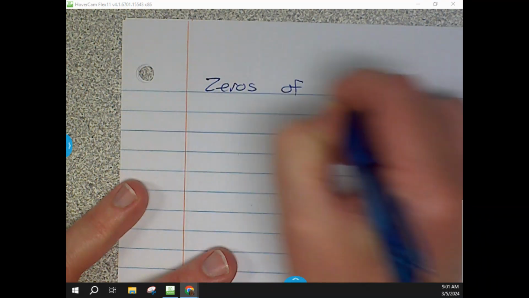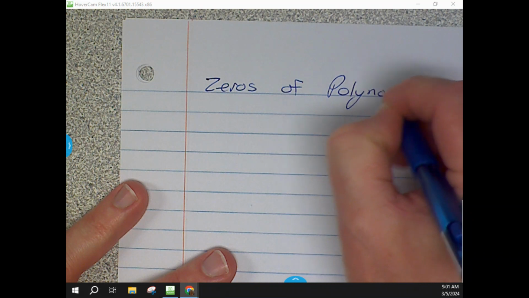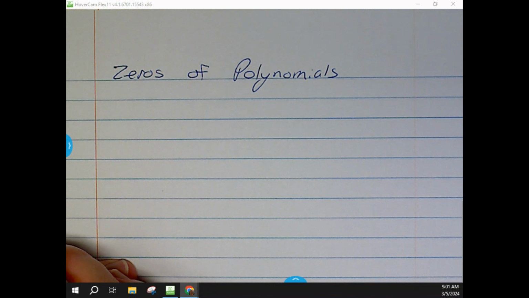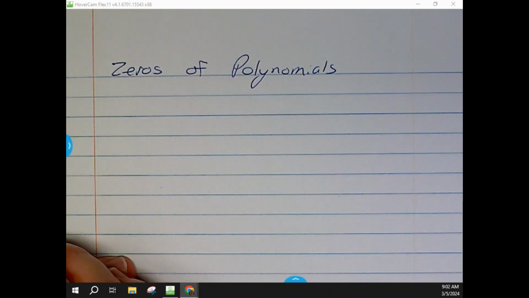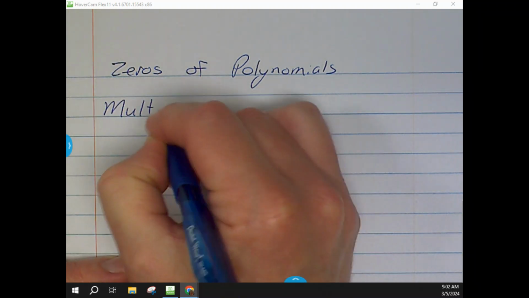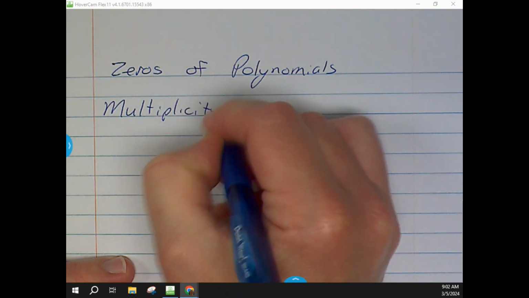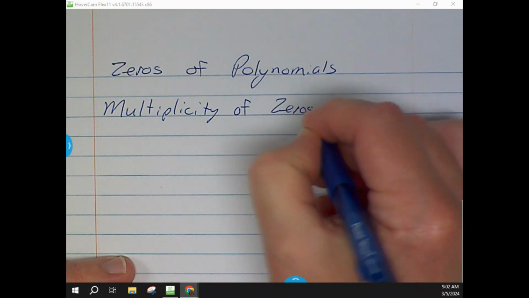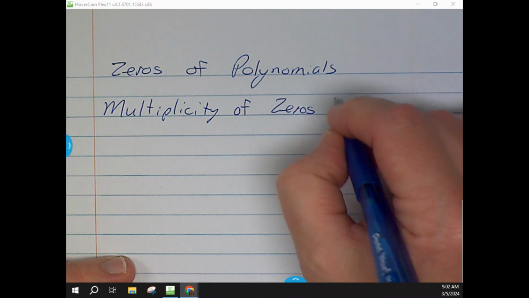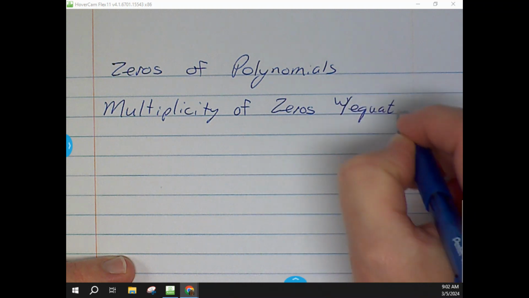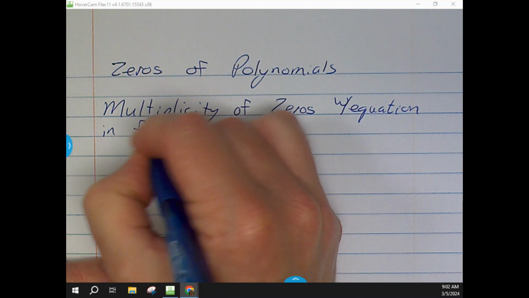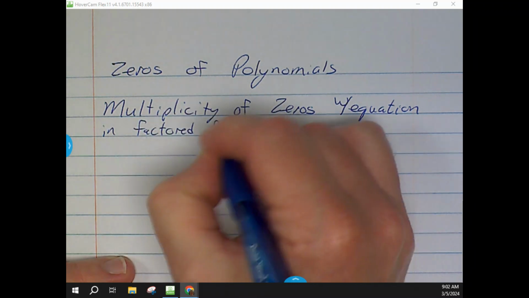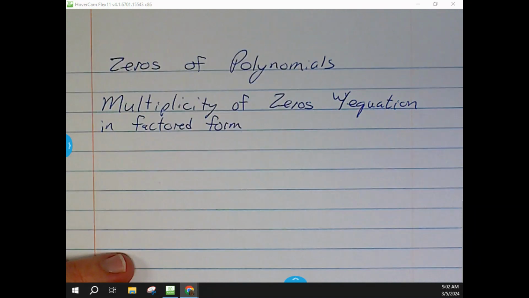we're looking at zeros of polynomials. And for this part of it, with the zeros of the polynomials, this is all based on the multiplicity of the zeros with the equation in factored form, which again means you're going to have to go back through and factor this particular equation that we're working with.